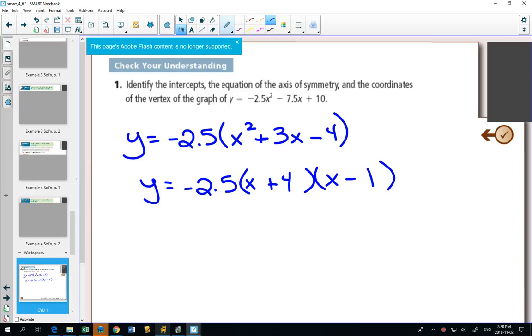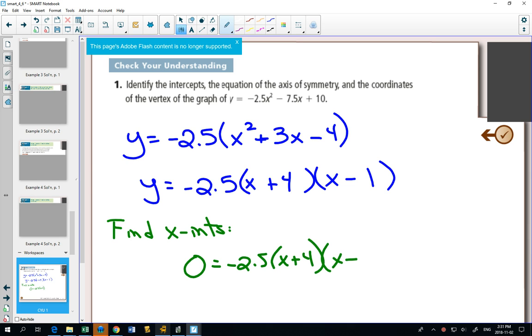If I want to find my x-intercepts, that's setting 0 for y. It's already factored. It becomes a quadratic equation. And so x equals -4 and x equals 1 are our x-intercepts.